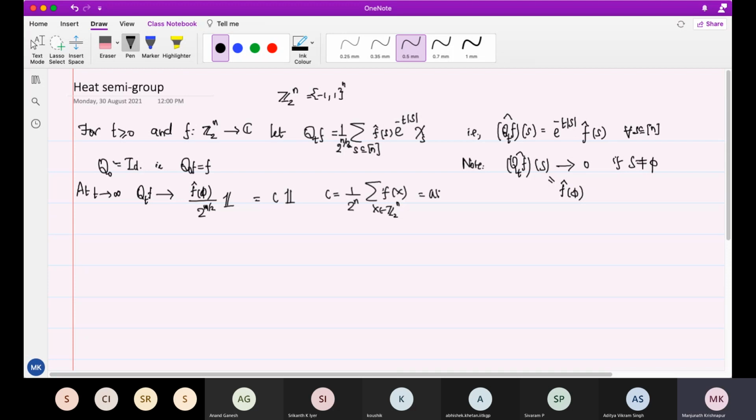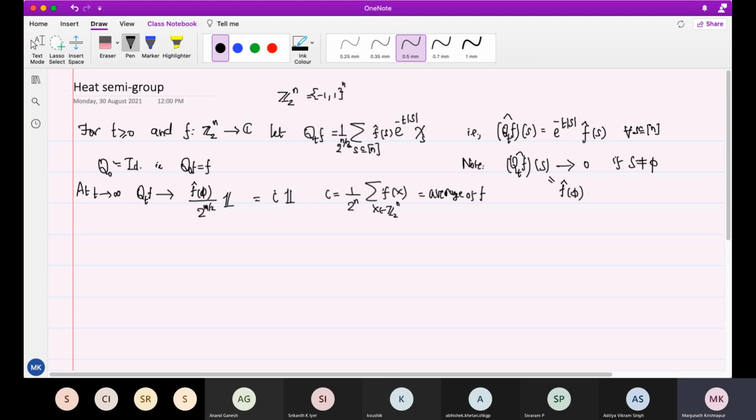It is the average of f. In some sense, you start with a function f, and then as time progresses, you converge to this constant function where the value everywhere is equal to the average value.